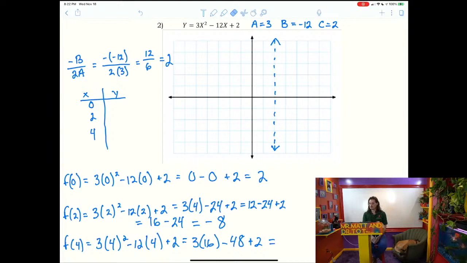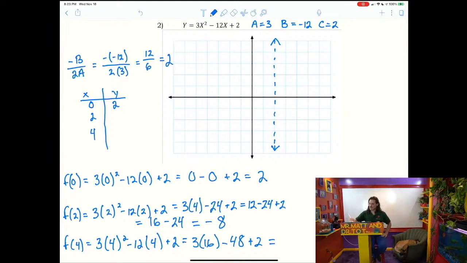If I plug in 2 for x, then I get negative 8. And if I plug in positive 4 for x, that would give me 48 minus 48 plus 2, leaving me with just a positive 2.